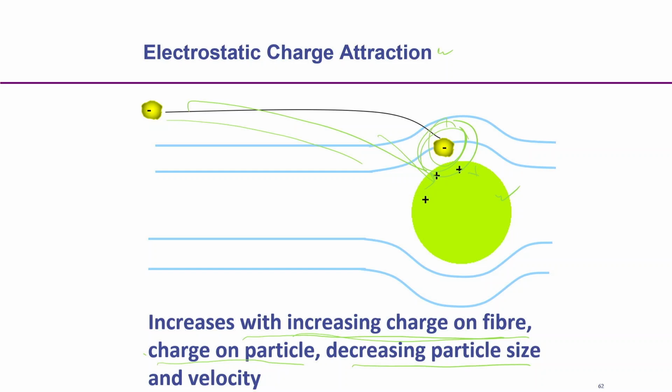So, and even the fiber diameter, if it increases, then also there will be higher chance. So, this mechanism we can control by controlling all these parameters.